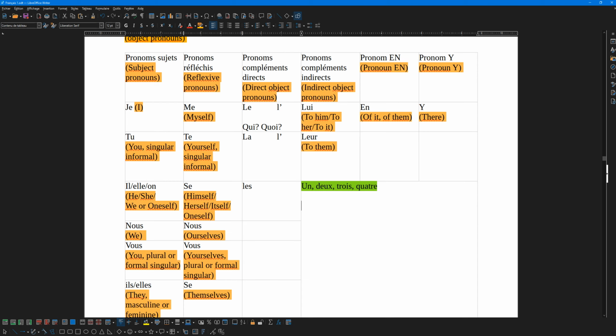Or it can be introduced by the preposition de before a determinant, like de la, du. Du is actually de plus le, that will give you du. You have des also.